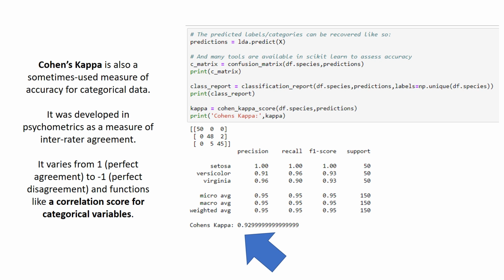Anyway, that's a long way of saying we do have this way of describing a single number of accuracy, and that's called Cohen's kappa, and that's down here. So just like the R squared value tells you, or actually this is a little bit more related to the R value. Just like an R value tells you the degree of correlation between two quantitative variables, Cohen's kappa tells you the correlation between the right answer and what you guessed.